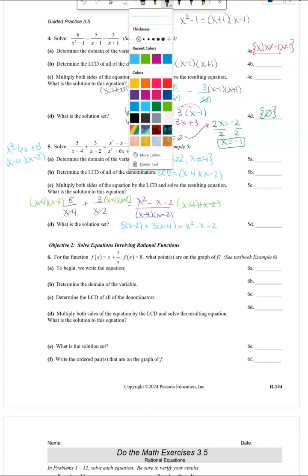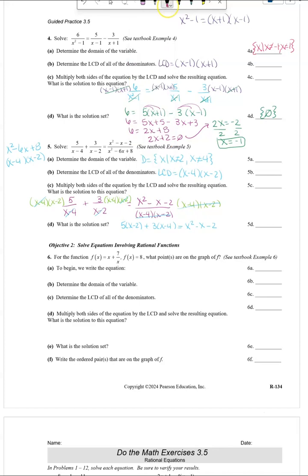May run out of room on this one. So 5x minus 10 plus 3x minus 12 equals x squared minus x minus 2. So that's going to give us 8x minus 22 equals x squared minus x minus 2.